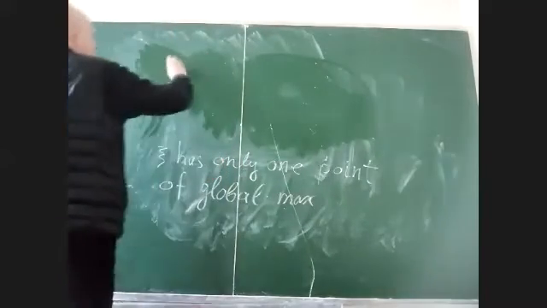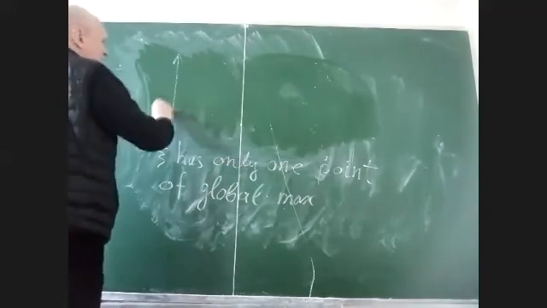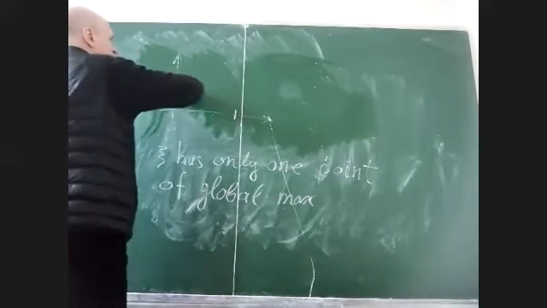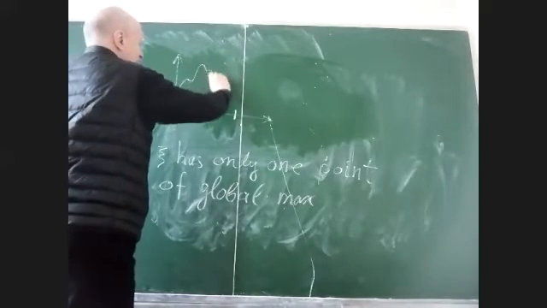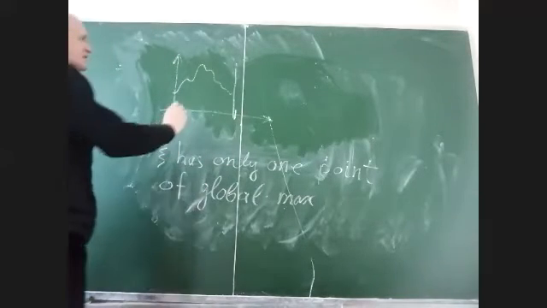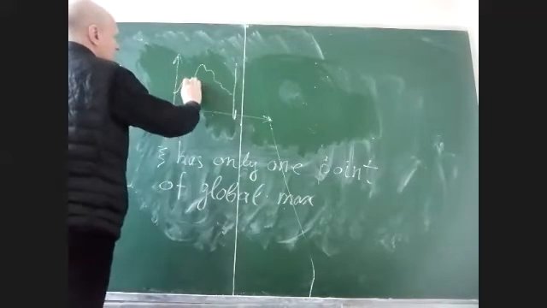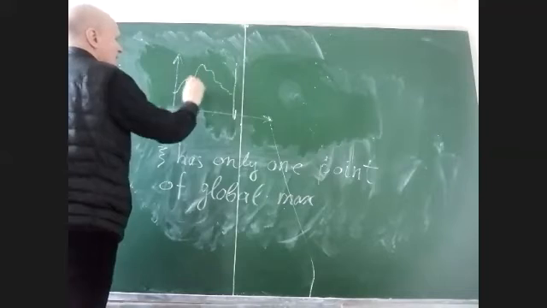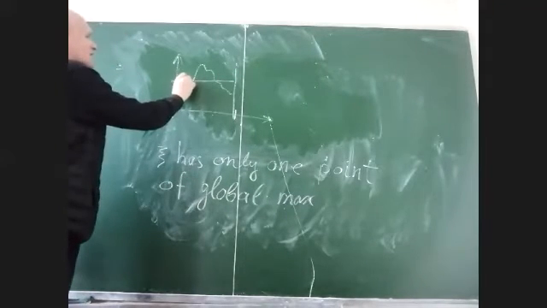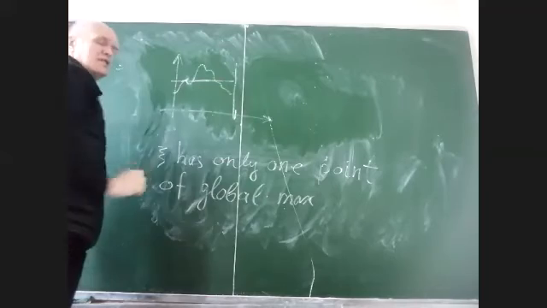Really, let us consider just the one-dimensional case. Here is our interval, and here is the object. Then, for example, at this level, the Euler characteristic of the level set is equal to 2.